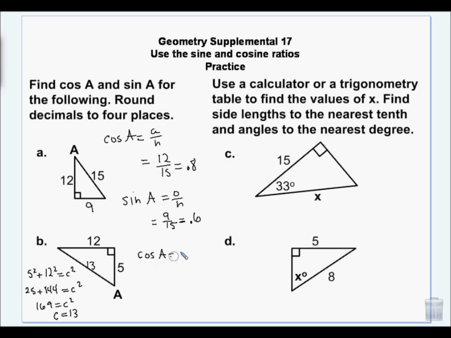Cosine of A is adjacent over hypotenuse, so it's 5 over 13. So it's 0.3846. Sine of A is opposite over hypotenuse, so it's 12 over 13. So it's 0.9231.